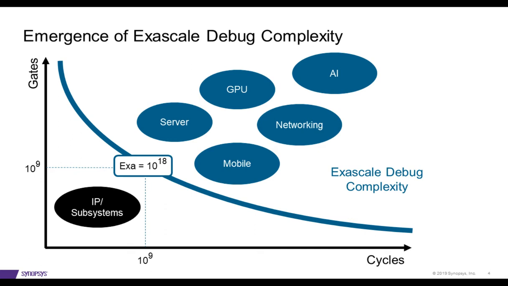In terms of debug, I want to define it as a billion or more gate design running billion or more cycle test cases. Pretty much all of the verticals in modern SoC designs, from mobile to server CPUs to GPUs to networking to AI, fall within this exascale debug complexity space.